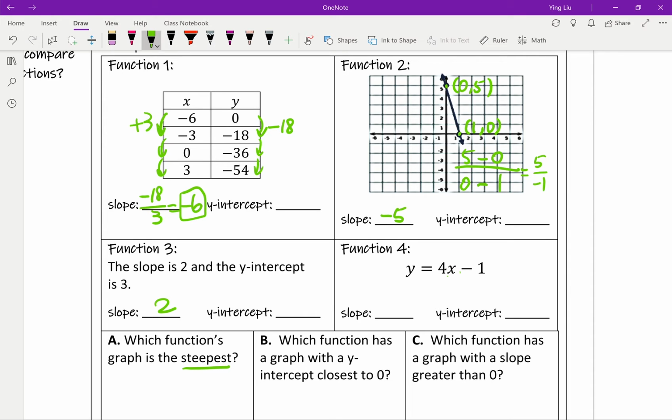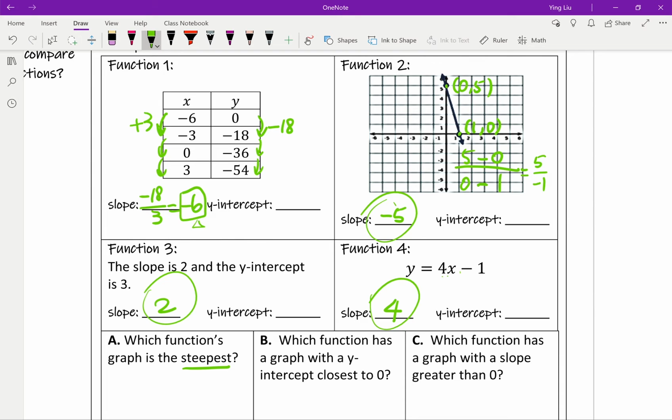For the fourth function, mx plus b, m is the slope, so that's the number multiplying the x. So the slope is 4. Okay, so if we compare negative 6, negative 5, 2, and 4, which number is the furthest away from 0, or in other words, has the biggest absolute value? Well, if we ignore the signs, 6 is the biggest number.